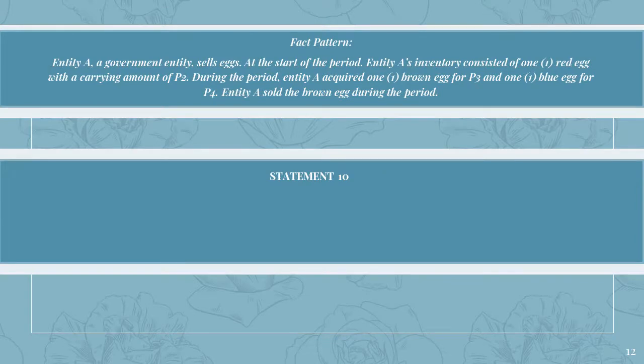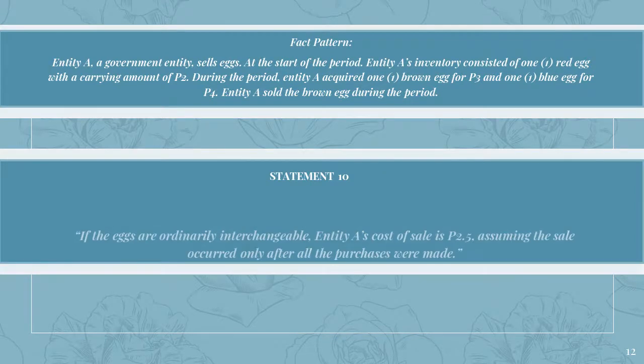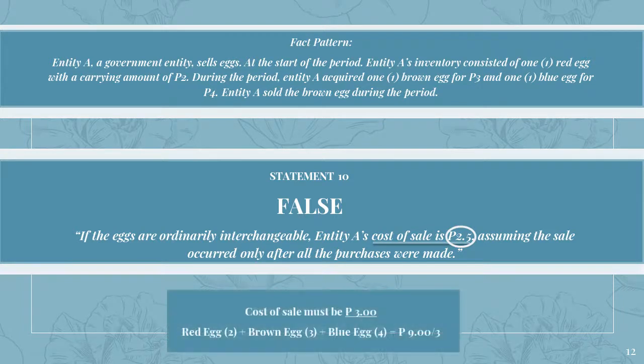For the 10th statement, if the eggs are ordinarily interchangeable, entity A's cost of sale is 2.5, assuming that the sale occurred only after all purchases were made. This statement is false because the cost of sale, instead of 2.5, should still be 3 pesos.